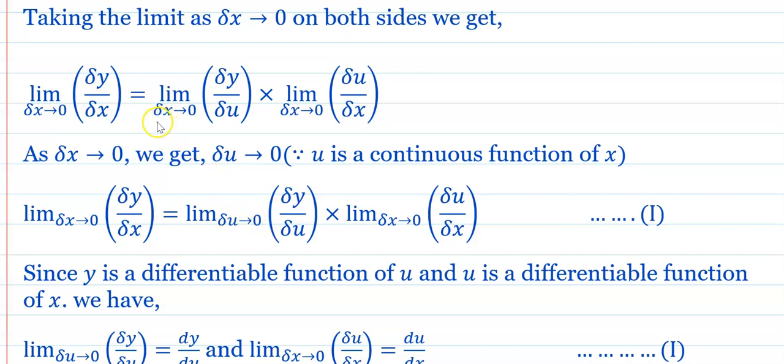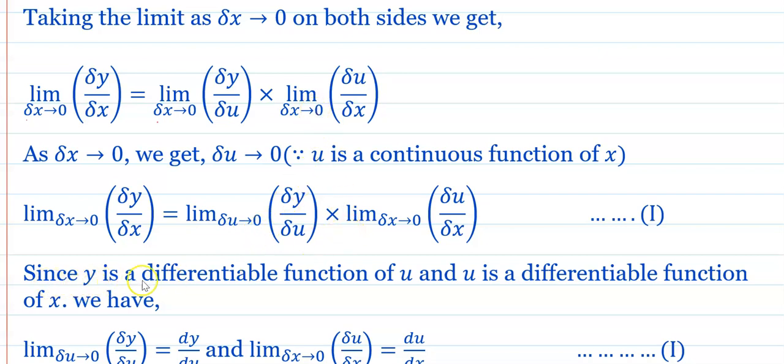Here we are taking the limit as delta x tends to 0, but y is a function of u, and as x tends to 0, u must tend to 0, because u contains the variable x. Therefore we replace delta x tends to 0 by delta u tends to 0 and keep this term as it is.